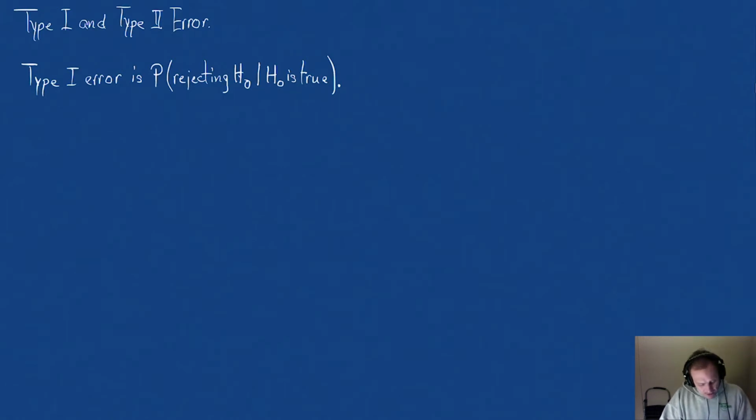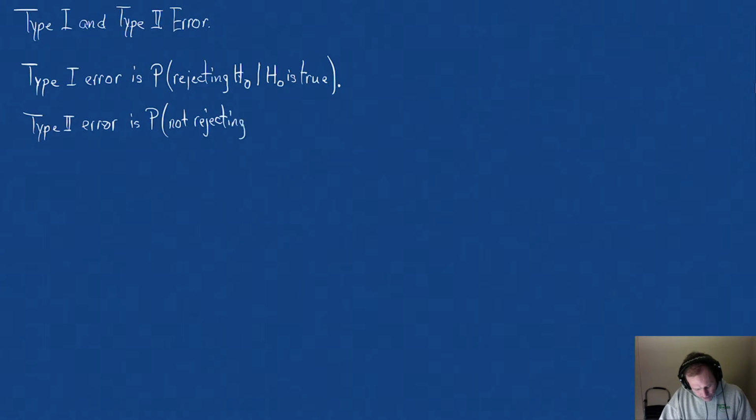So the next one, a type 2 error. The type 2 error is the probability of not rejecting the null hypothesis.